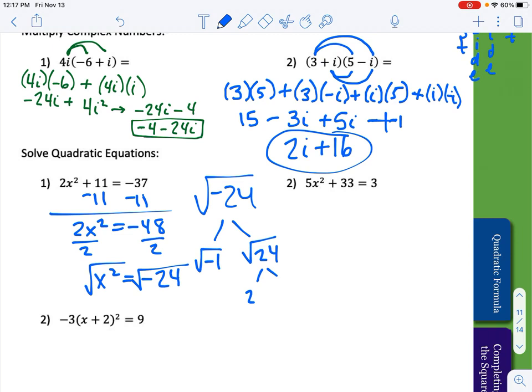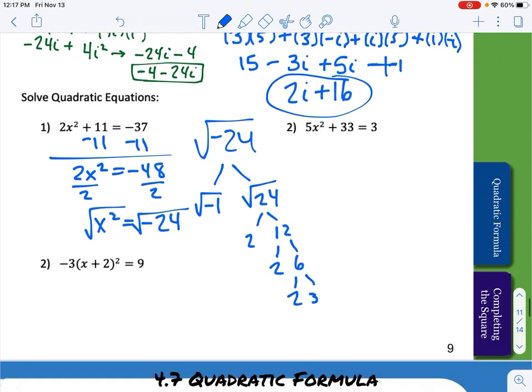Go ahead and split 24 out, see if we can reduce it by anything. So it looks like we can. We do have one pair of 2's. So we have the square root of, and this i comes down here. We have the square root of 2 times 2 times 2 times 3.